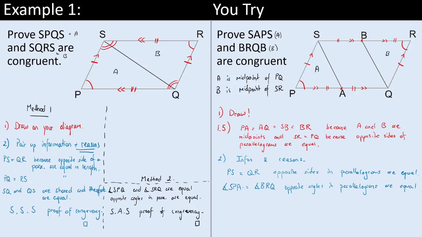If I can prove either another angle or another side, I will have completed my proof. So let's go for the other side. Seeing as we've got another side, we've got that PA is equal to BR, and we proved that above. We proved that PA is equal to BR from us doing this bit up here. So we've got a side, an angle, and a side. So we have an SAS proof of congruency.